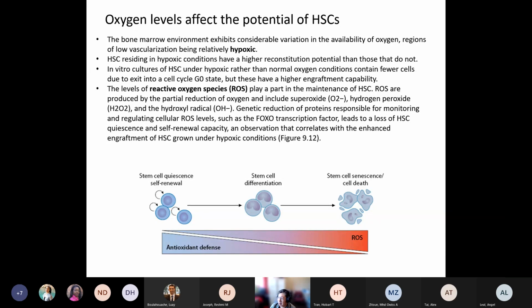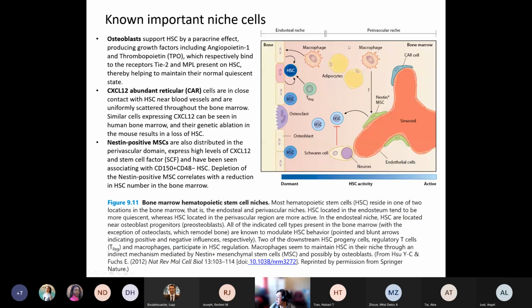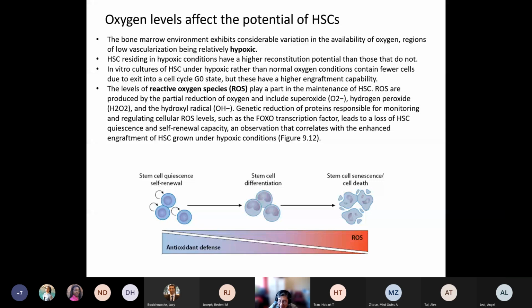But here we have a controversial observation. Previously, I told you that the hematopoietic stem cells are found around the vessel-like structure, right? I said you have a likelihood to find them around the vessels, but here we have something very interesting, because oxygen levels can affect the potential of HSCs.